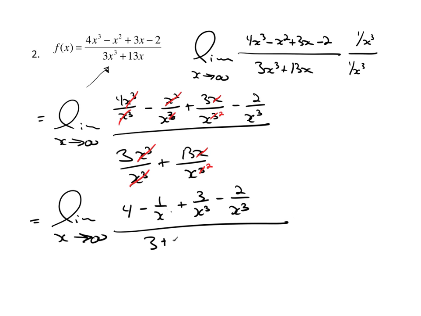And then I have 3 plus 13 over x squared. Now, in the limit, each of these terms will go to 0. So what I'm left with is simply 4 over 3.